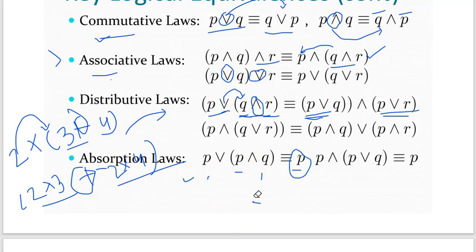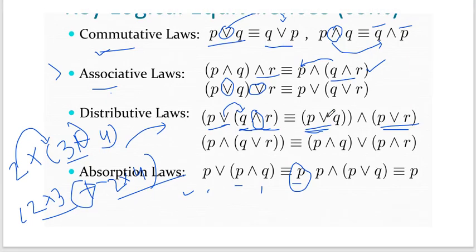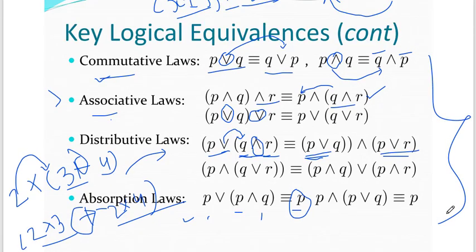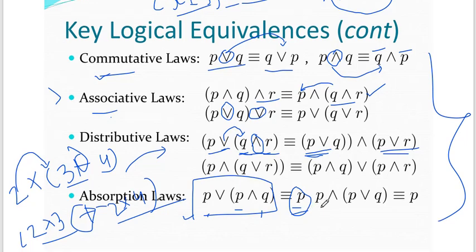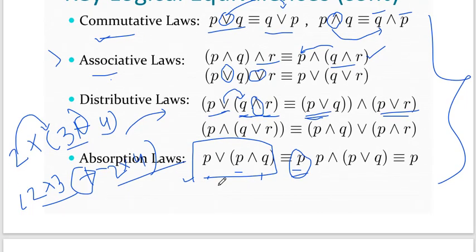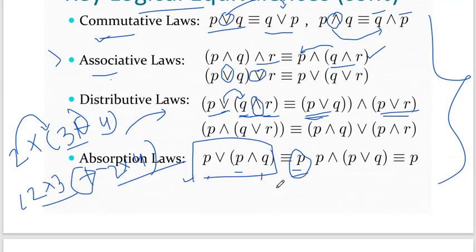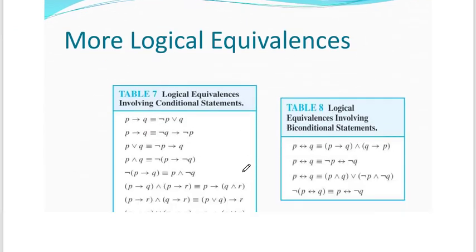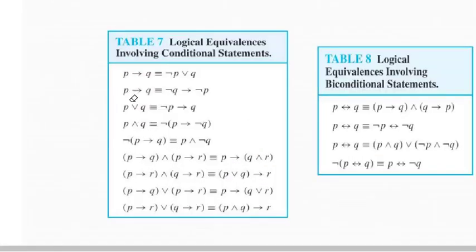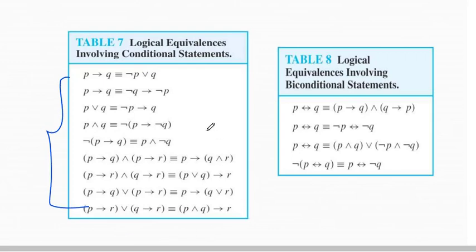All these laws you don't have to remember, but in the exam, if a compound proposition is asked and you have to find out about its logical equivalence, then you have to draw a truth table, okay. If both the columns of the truth table are the same, then you can say that both compound propositions are logically equivalent. Okay, so here there are also more logical equivalence examples.